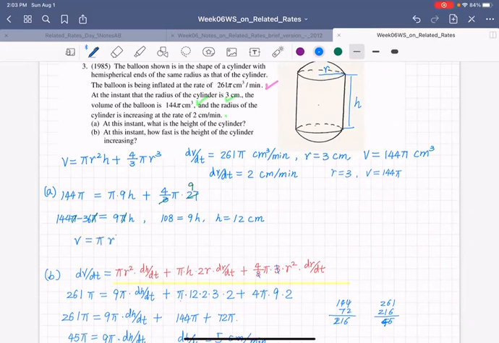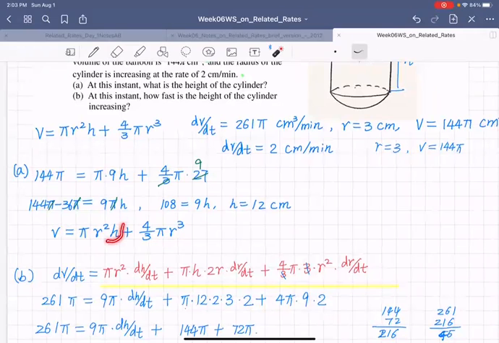It's just like you are playing a video game, you want to show your friends how well you can play that game. Now here, you want to get dh over dt.